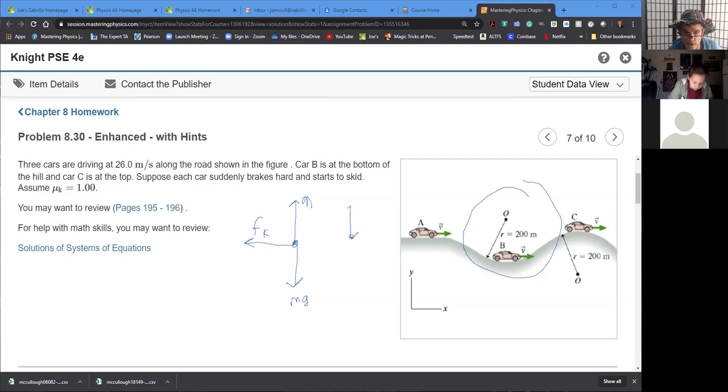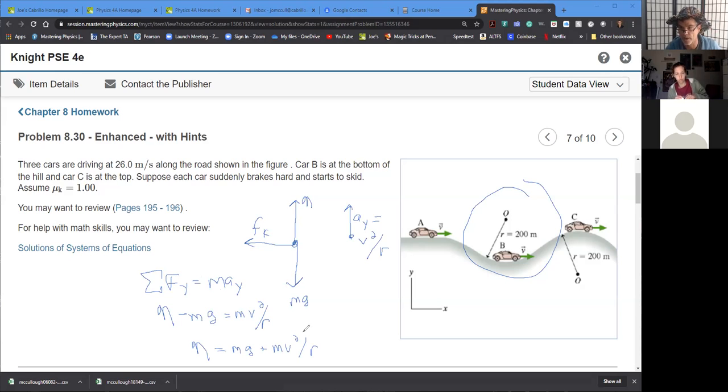So the acceleration in the y direction is going to be v squared divided by r. The sum of the forces in the y direction equals may, so the normal force minus mg equals mv squared over r. So my normal force is mg plus mv squared divided by r for case B.